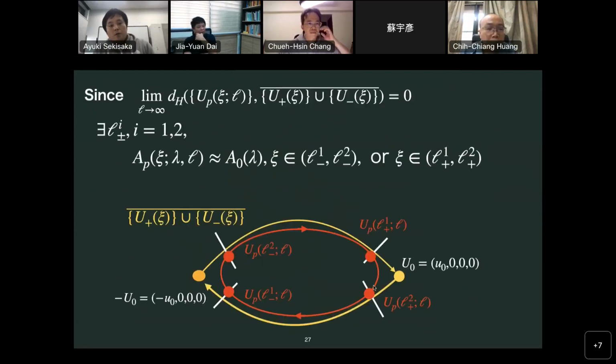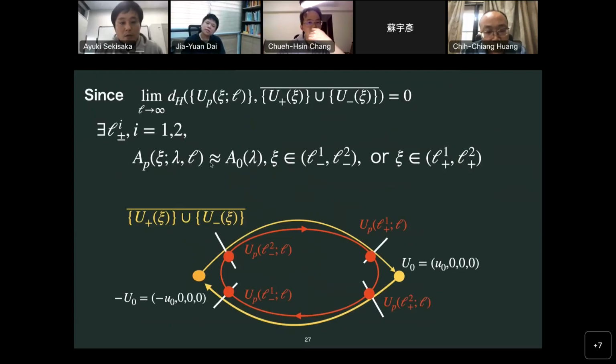Since the periodic orbit converges to 0, homoclinic orbits converge, so there exist L plus minus i, for i equal 1 and 2, such that this relation holds.